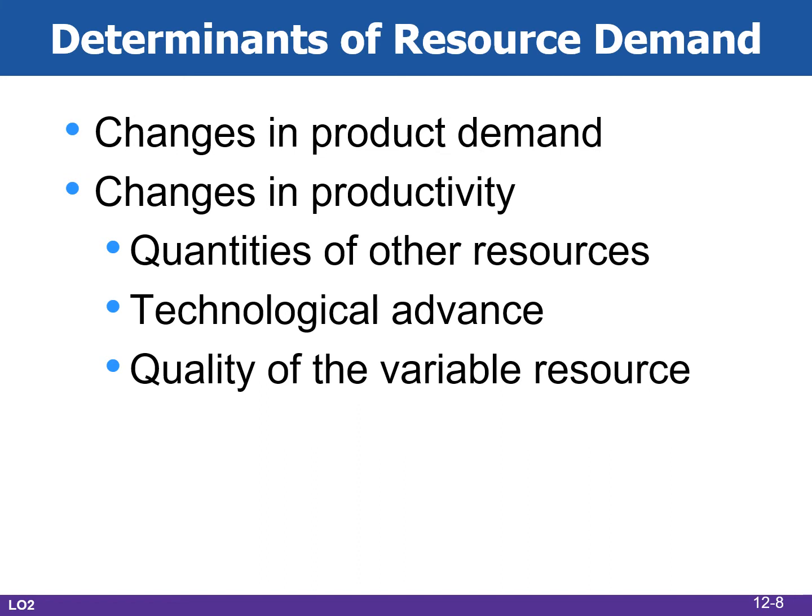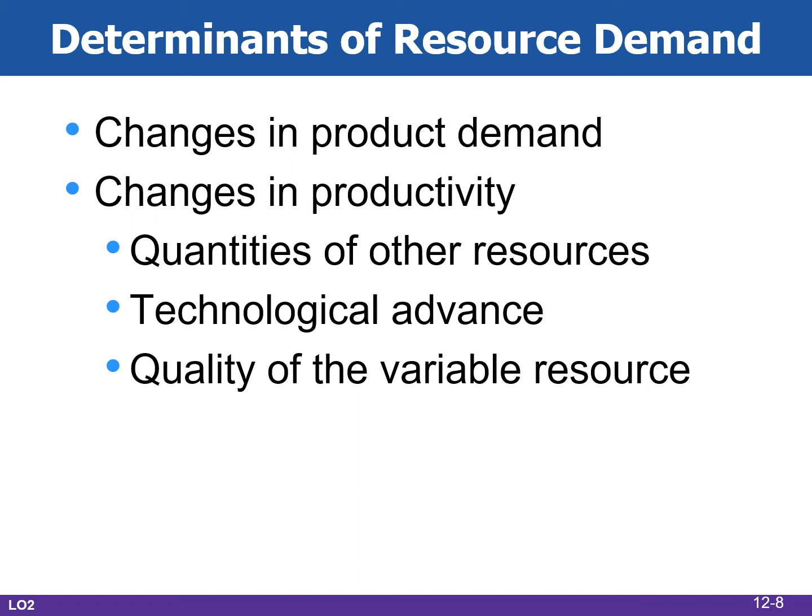A rightward shift in the demand for new homes increases equilibrium price and equilibrium quantity in the market for new homes. This in turn will increase the demand for resources associated with the production of new homes, such as construction workers. The next factor we have to consider is productivity. Remember, productivity is a measure of input per units of output.